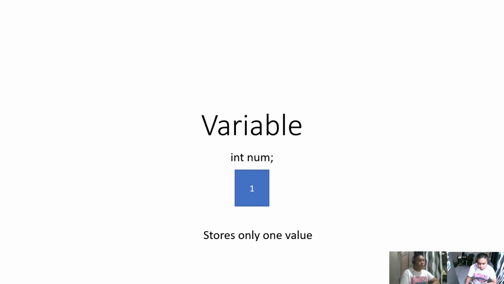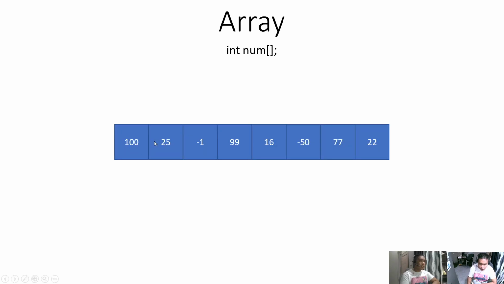In order to solve that issue, since we want our program to be lighter for everyone, instead of using variables, we will use an array. An array stores multiple values in a single data type. The same thing, we declare an array num.